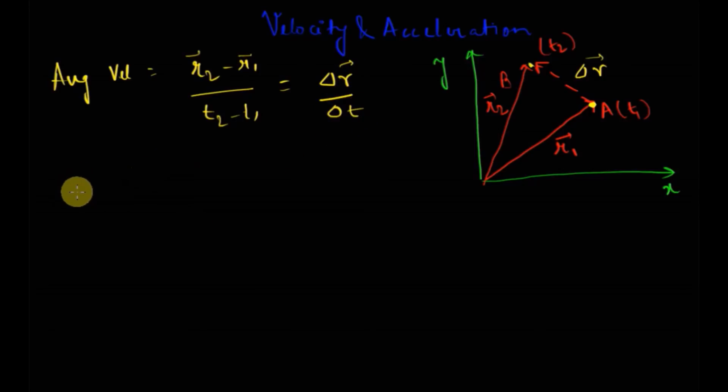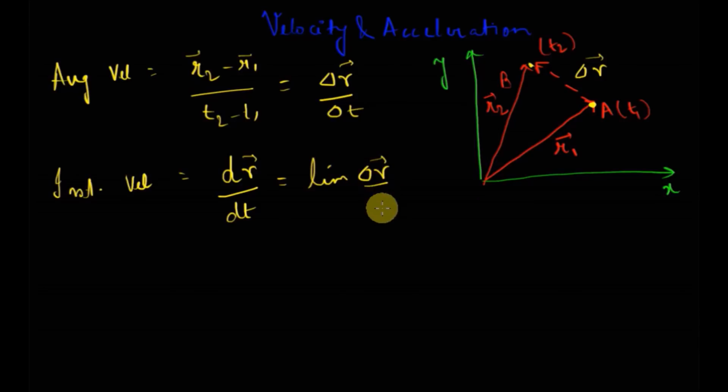Now instantaneous velocity is what? Is defined as dr vector divided by dt. Now as we discussed earlier, dr vector by dt will be what? It will be limit delta r vector divided by delta t such that delta t tends to 0.